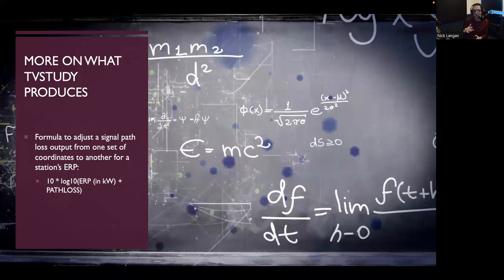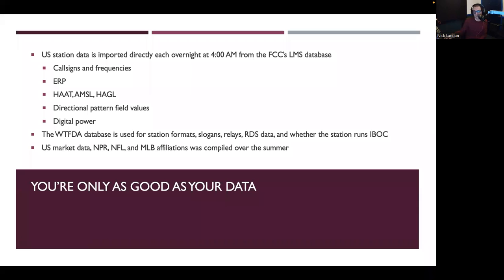I then need to adjust that for ERP. That's the formula that RadioLand's server uses because obviously the station's ERP matters. So that formula in every calculation you get as far as what a field strength is at your location to produce the actual field strength value in decibels, that's the formula that's used.